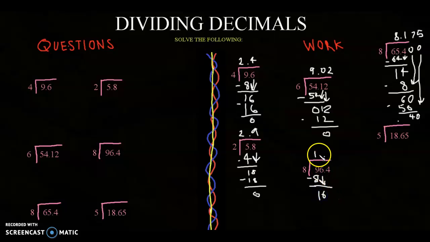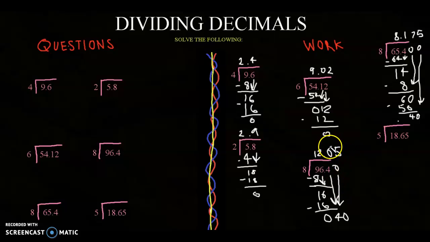We have a 2, and subtract with 16, so that's a 0. Then bring down the 4. It's still going to be a 0. So we bring down another 0. 5. And we're done.